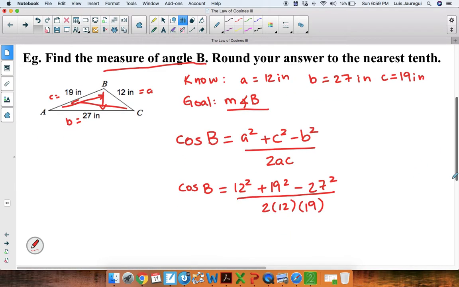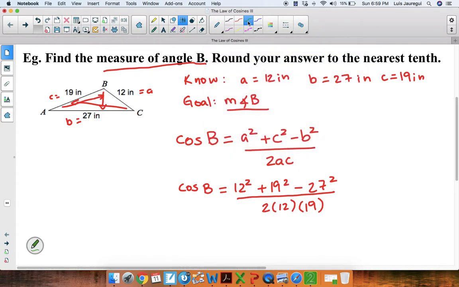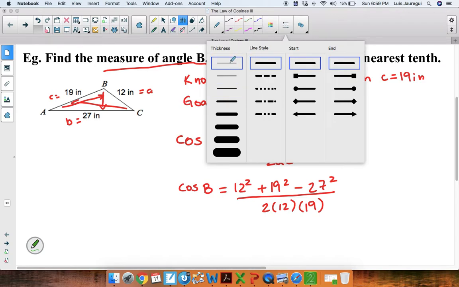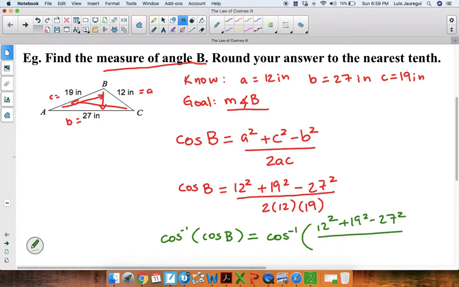Now, our ultimate goal is to get the B by itself. So we need to get rid of the cosine. Remember that in order to cancel the cosine, we need to take the inverse. So we're going to take the inverse on both sides. Cosine inverse of cosine of B should be the same as cosine inverse of this expression, 12 squared plus 19 squared minus 27 squared, all over 2 times 12 times 19.